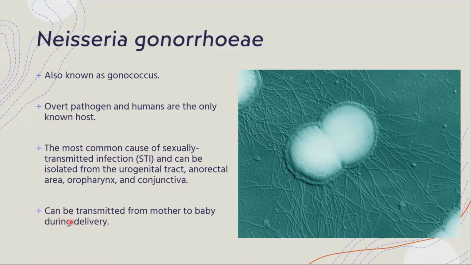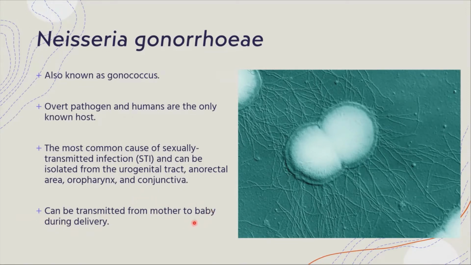It can be also transmitted from mother to baby during delivery. So yung mga gonococcal cases natin ng mga babies, or mga children less than 1 year old, so they are usually yung vertical transmission from the mother. Okay, so ibig sabihin, nung pinanganak siya, yung mother ay infected ng Neisseria, so nakuha ng baby yung infection.